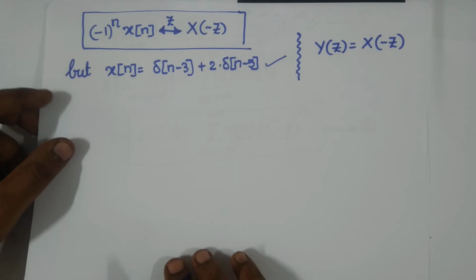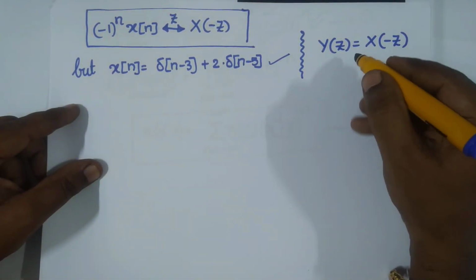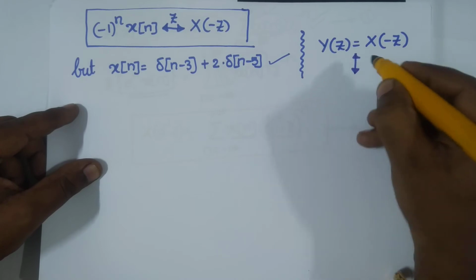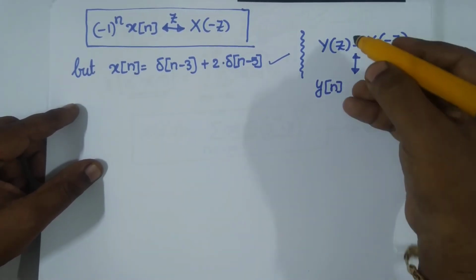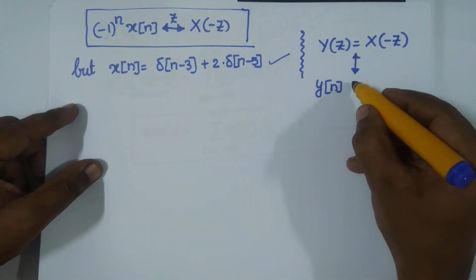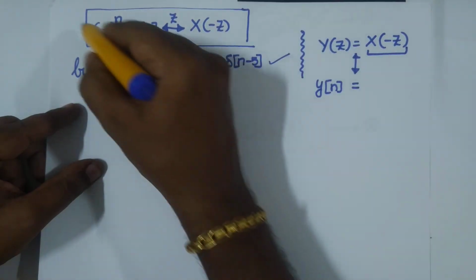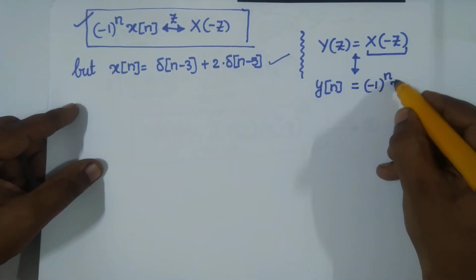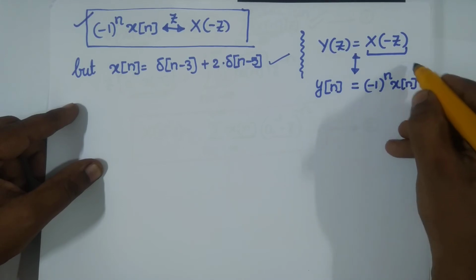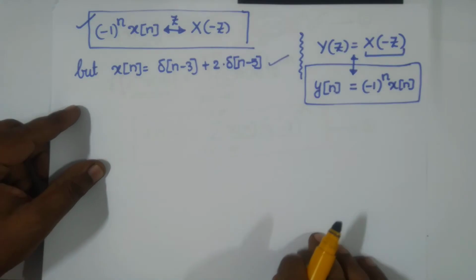So it's time to take its inverse. If I take the inverse z transform, on the left hand side we get y of n. Now what is the inverse of x of minus z? That means y of n is equal to minus 1 power n x of n. Clear? This must be crystal clear for you.